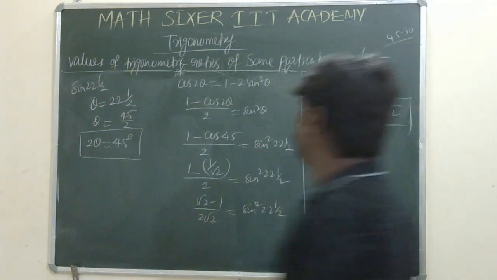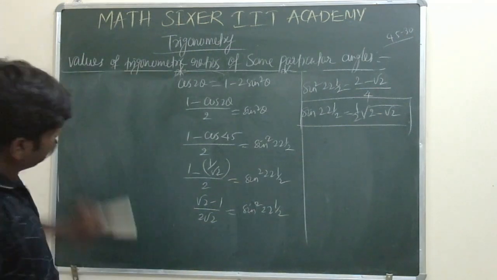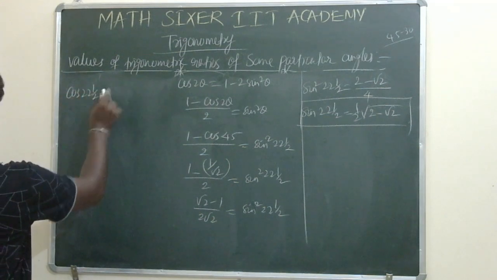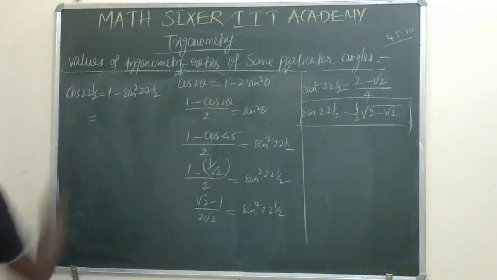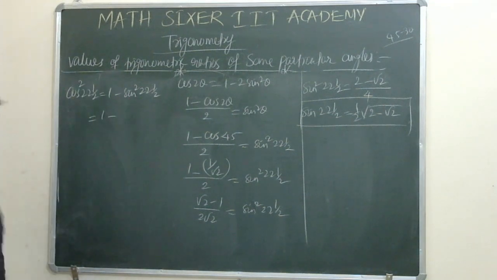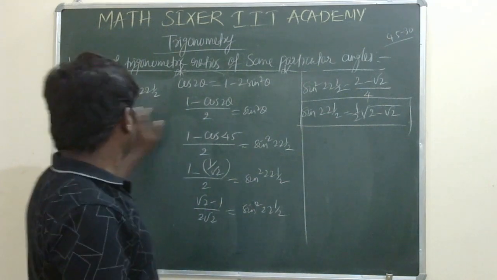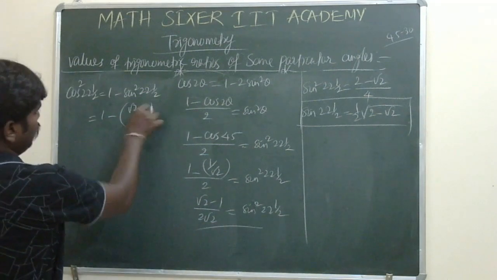So now cos 22 by 2 value also we can find out. So cos square 22 by 2 is equals to 1 minus sin square 22 by 2. So 1 minus sin square 22 by 2 means here I will substitute this: 1 minus root 2 minus 1 by 2 root 2.